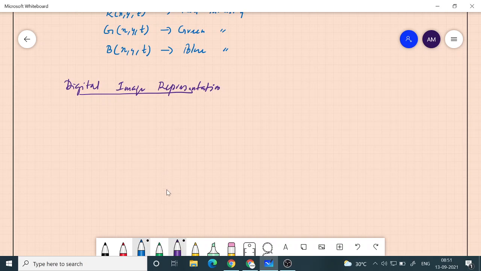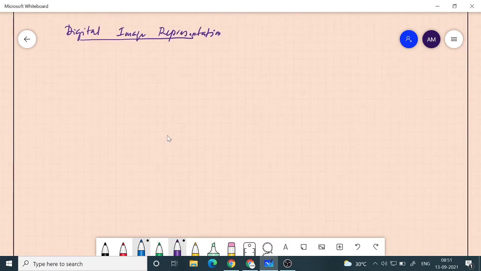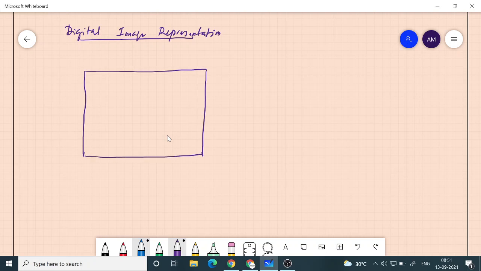So if you take an image, usually the size of the image is specified depending upon the number of pixels. So you can divide the entire thing into pixels, like this, and then you can number them.